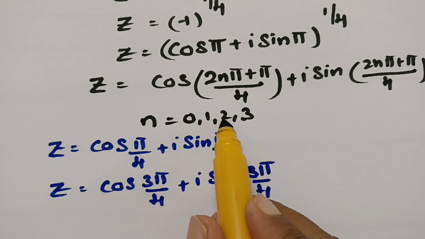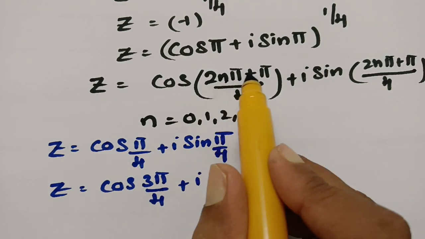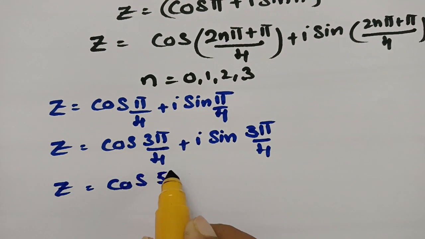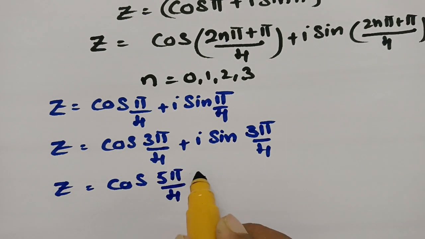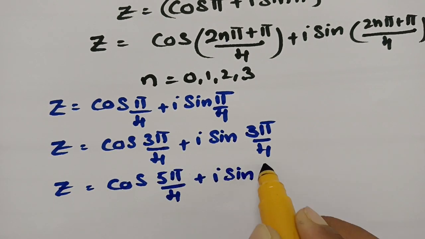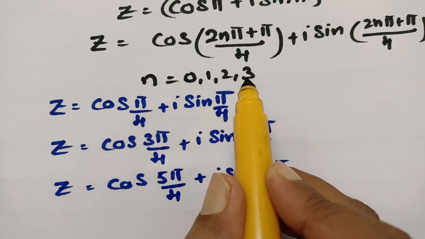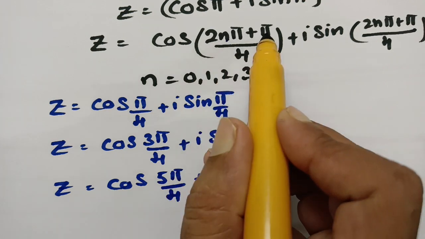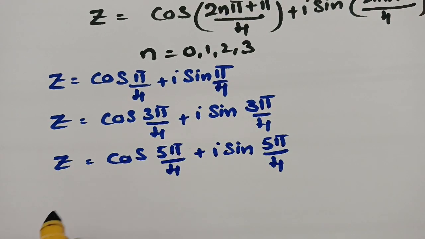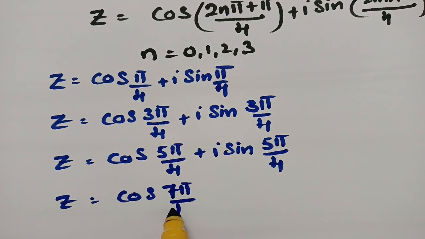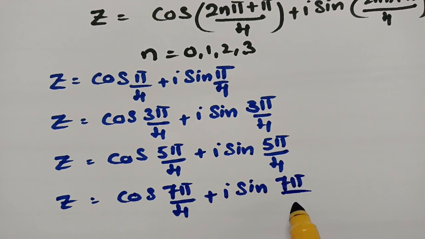Next, if you keep n equal to 2, this is 4 plus 1, 5, so z will be cos 5 pi by 4 plus i sin 5 pi by 4. Lastly, if you keep n equal to 3, this is 6 plus 1, 7, so z will be cos 7 pi by 4 plus i sin 7 pi by 4.